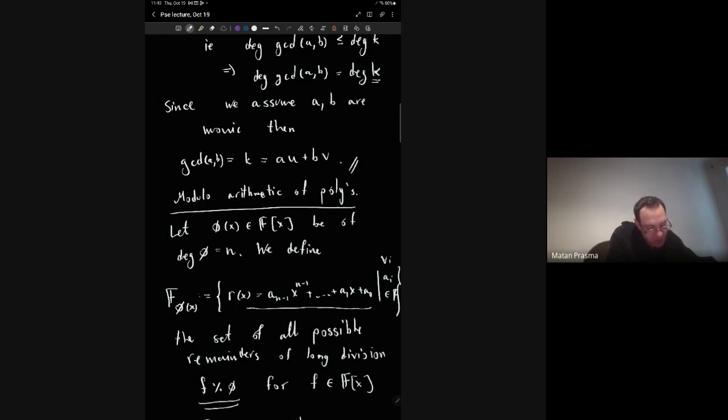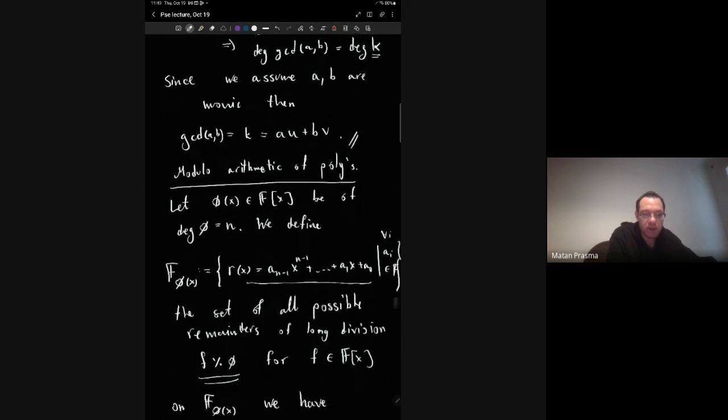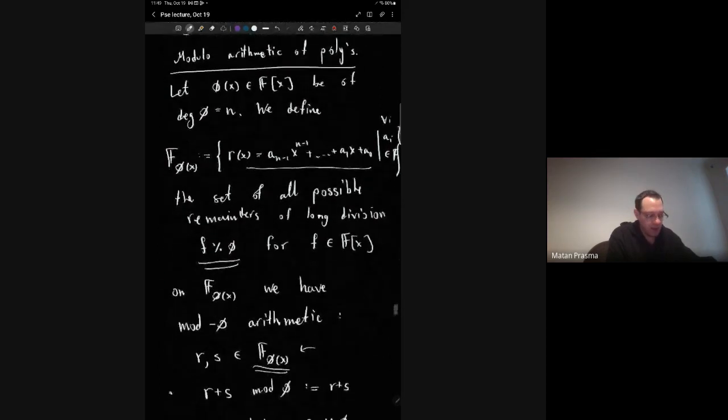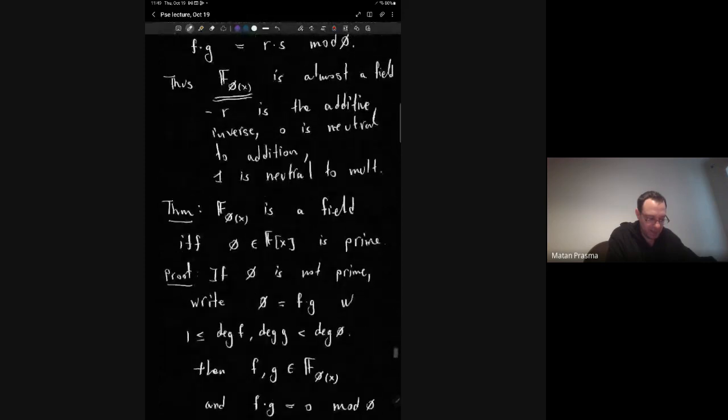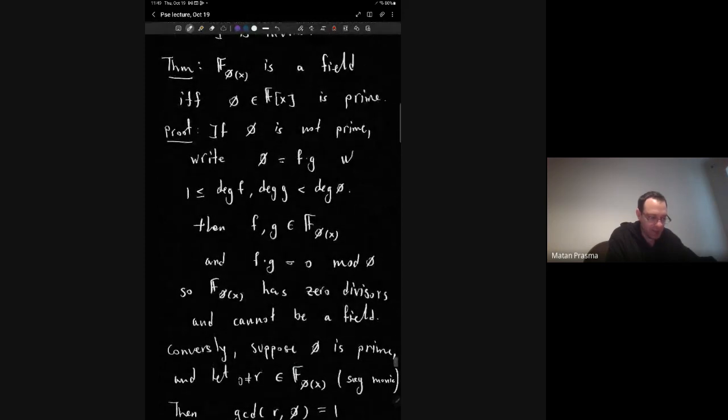So you get p to the n options for all the remainder polynomials. Any questions about this theorem? It's more or less existence of fields of p to the n elements.